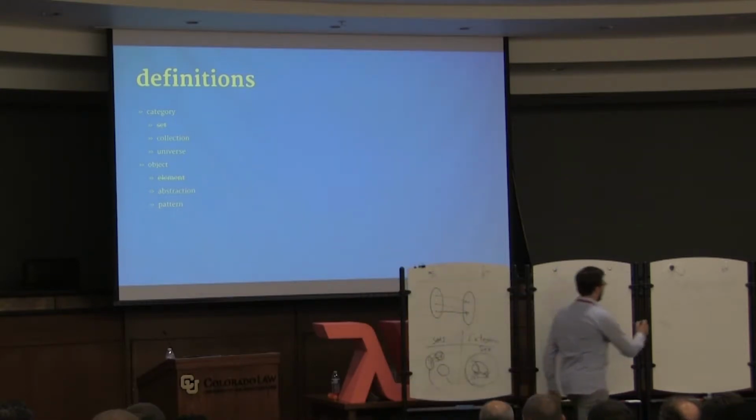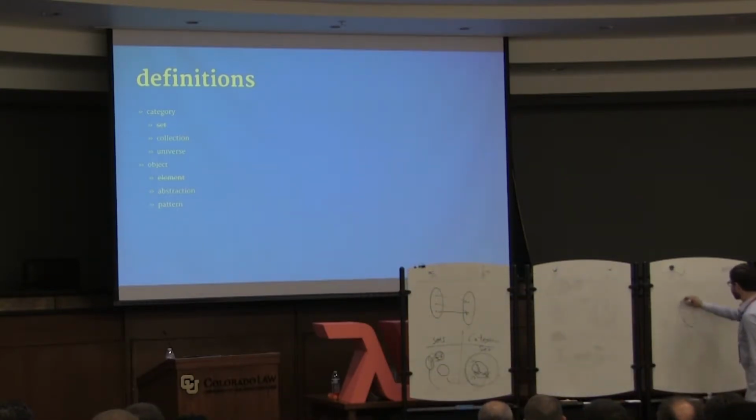So if you have some category and you have these objects, if you're a programmer, you like to have patterns. We can't actually look inside the objects in category theory. This is the part where you have to level up your abstract thinking.